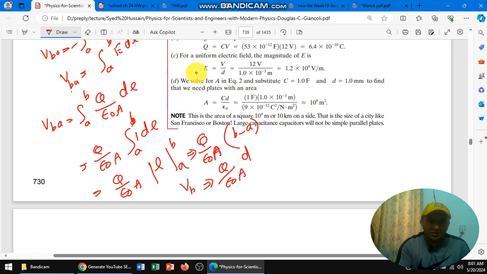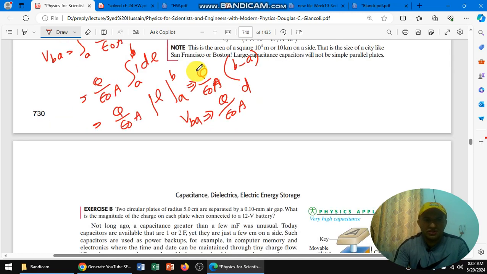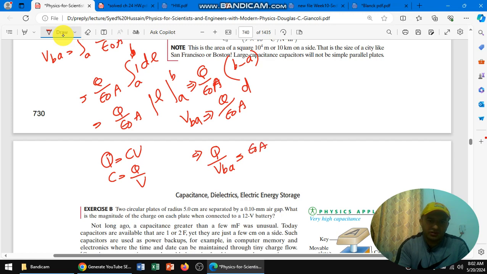Now we can find the capacitance, because Q is equal to CV, and C is equal to Q by V. If I rearrange this equation for Q over V, that gives us the capacitance, Q over VBA, which is epsilon naught A over d.